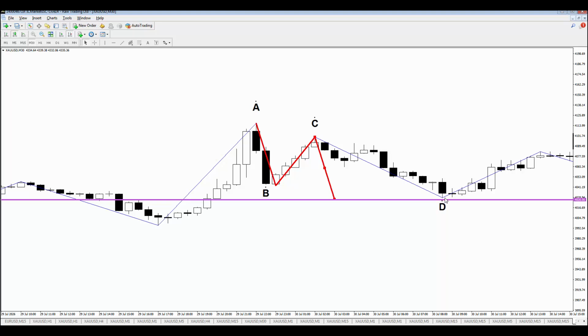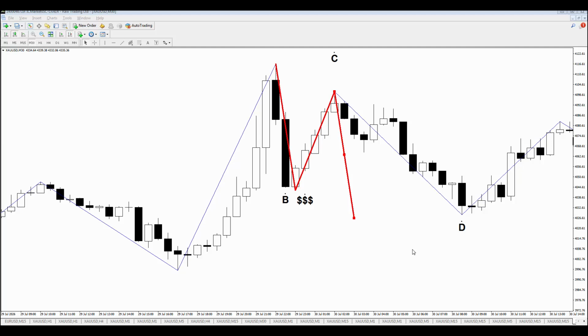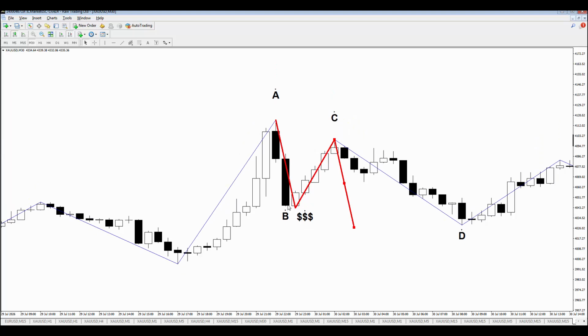In effect, what an ABCD pattern is actually doing is it's taking liquidity, and it's taking liquidity from point B. Now, if you want to know, are we going to close above point B's liquidity, we just draw a line simply like this from point B to where D would end.